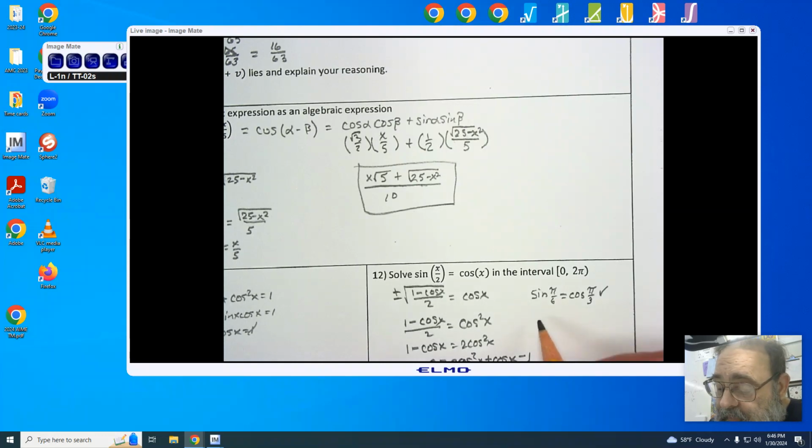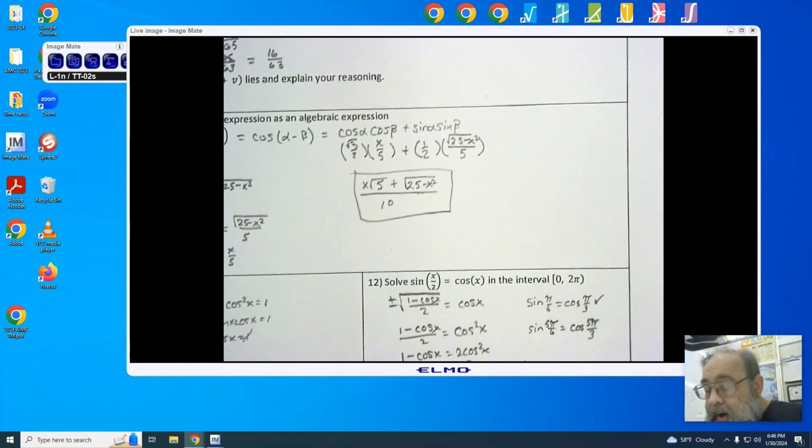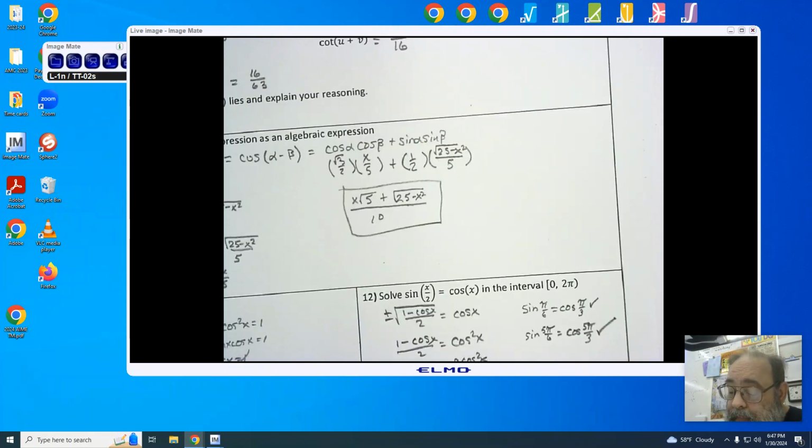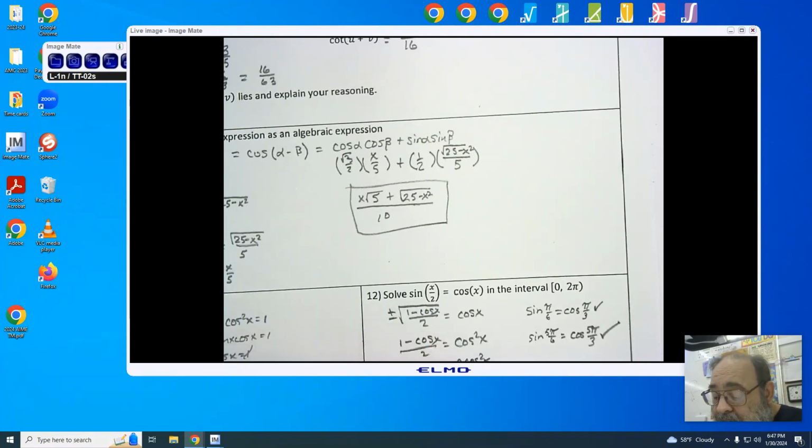Let's now check that with 5 pi over 3. The sine of 5 pi over 6 equaling the cosine of 5 pi over 3. Now we know that the sine of 5 pi over 6 is 1/2, and we know that the cosine of 5 pi over 3 is also 1/2, and therefore this is a valid solution. Finally, we have to check pi.